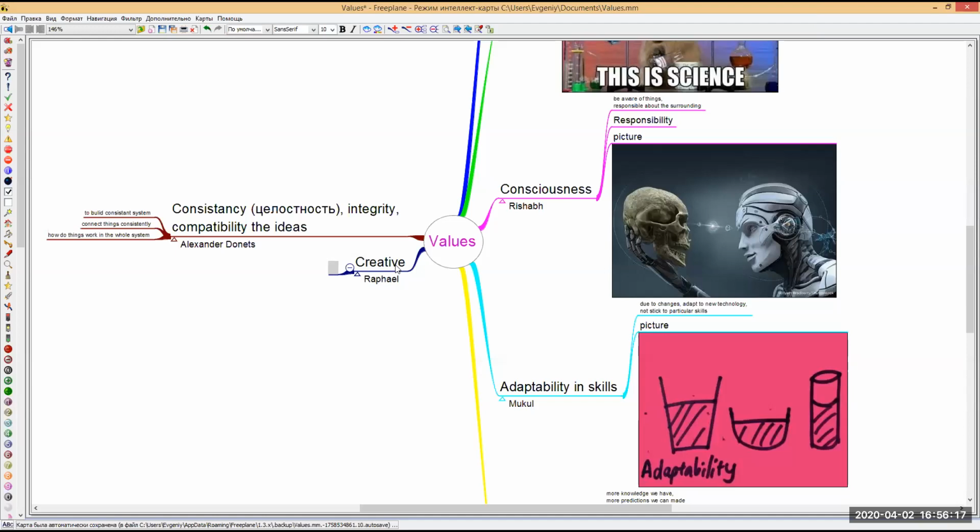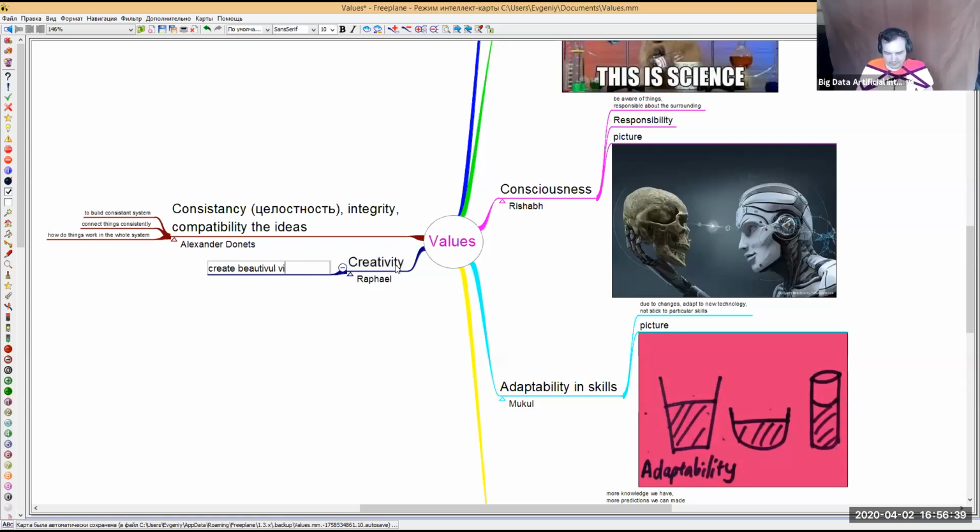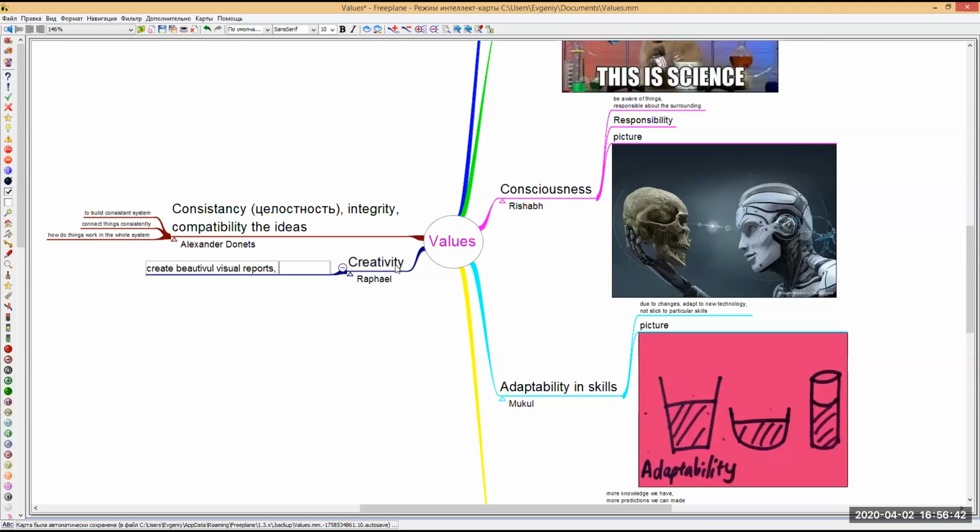For creativity, usually maybe after you have created your model and everything, or when you get your data, you can actually be more creative by creating beautiful visual reports or dashboards so that customers can also easily understand what you've done.